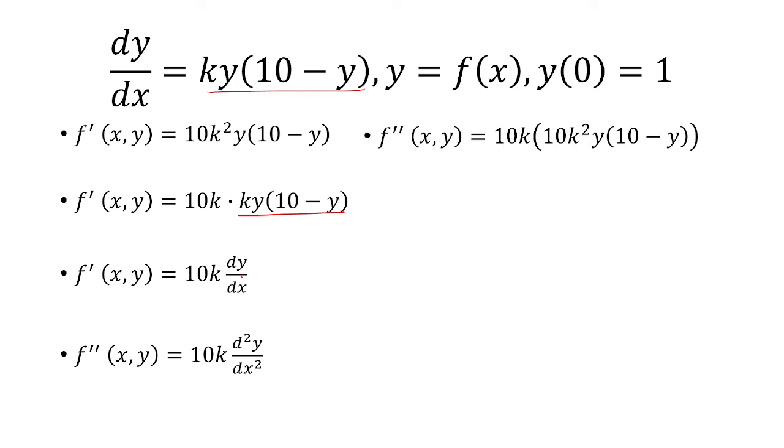So the derivative of dy/dx is d^2y/dx^2, which is just the derivative of ky(10 - y), which we borrowed from the previous slide. And now we just do 10 times 10 is 100. k times k^2 is k^3. And we plugged in 0 to get 100k^3 y(10 - y) as our final answer.